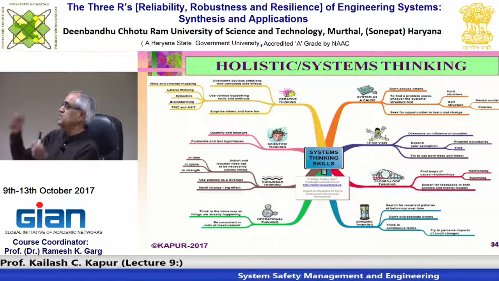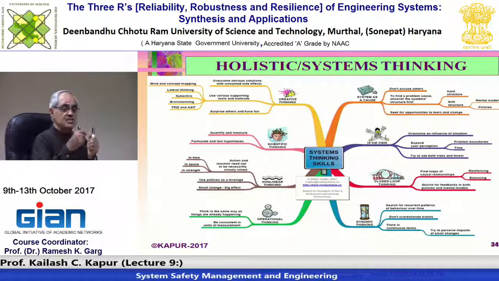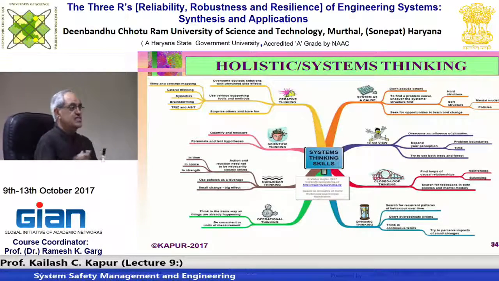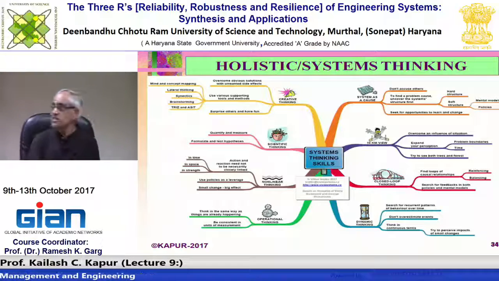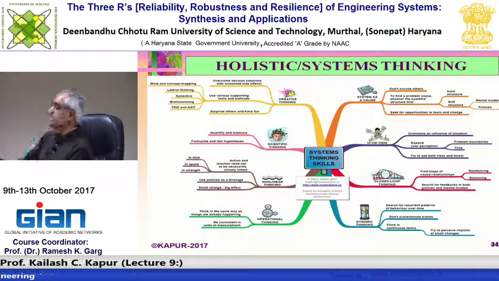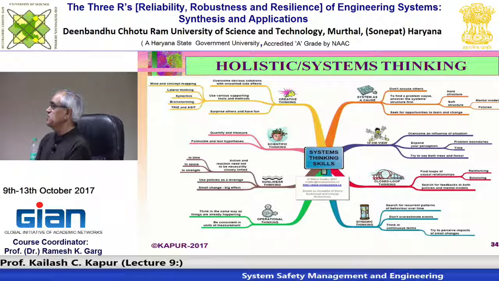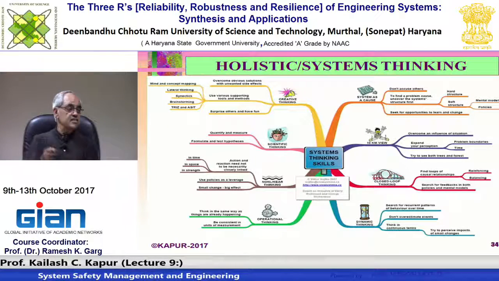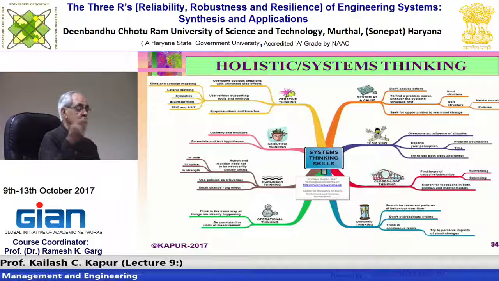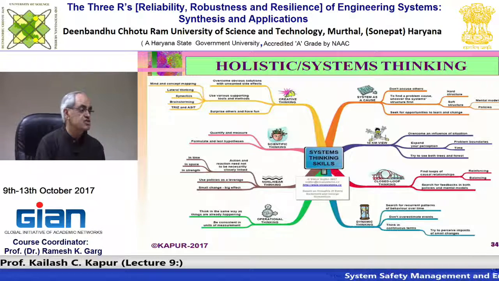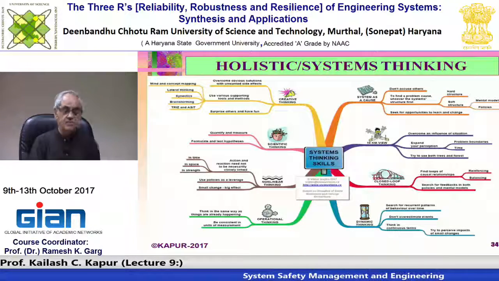But there are a lot of skills that you can learn for systems thinking, being proactive, and like here it says scientific thinking and creative thinking and non-linear thinking and so on, dynamic thinking. So there are so many words and methods and tools that you can use to develop systems thinking.